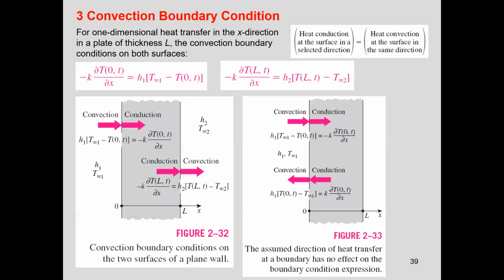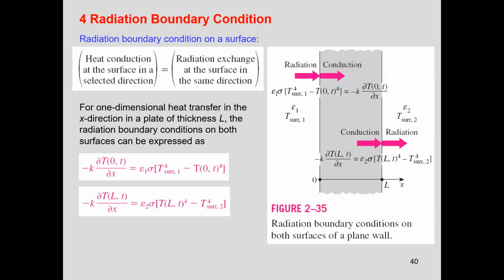The convection boundary conditions can also be expressed with some mathematical expressions here, but may not be of our interest right this moment. The radiation boundary condition is of more interest in this course.